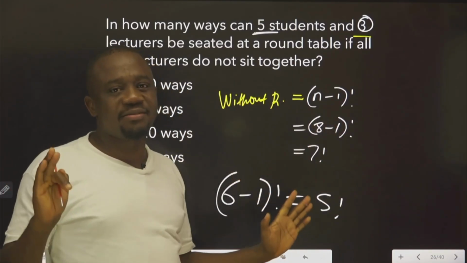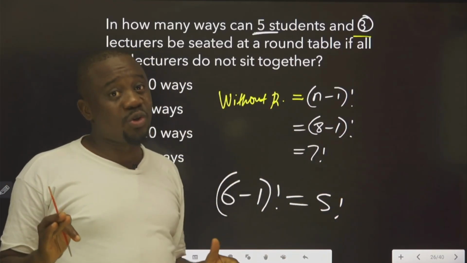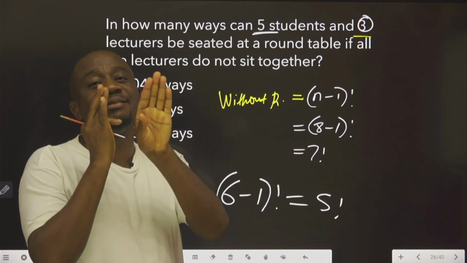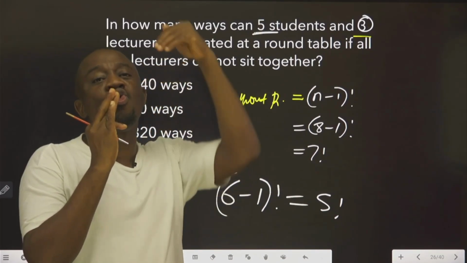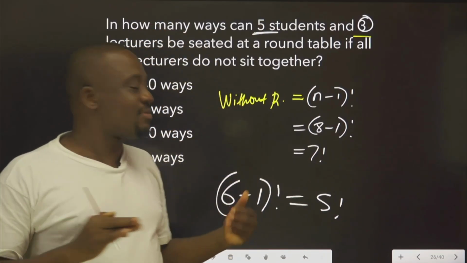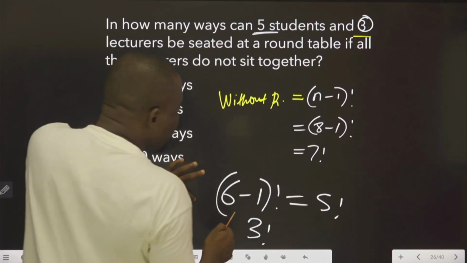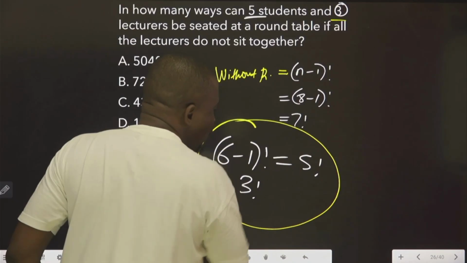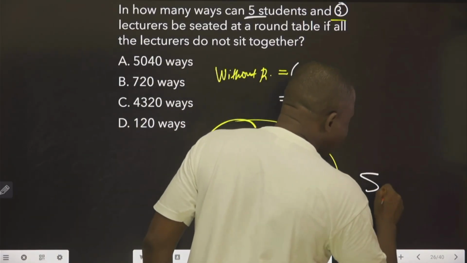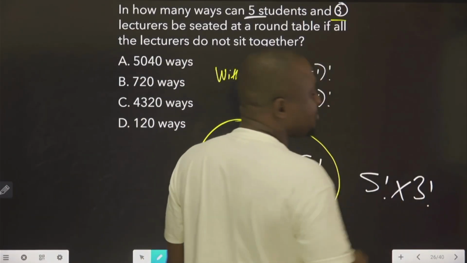That is the only difference, still the same thing as the previous one. So we go here again to factorize the lecturers. That is 3 factorial. So for this particular case, we get 5 factorial multiplied by 3 factorial.